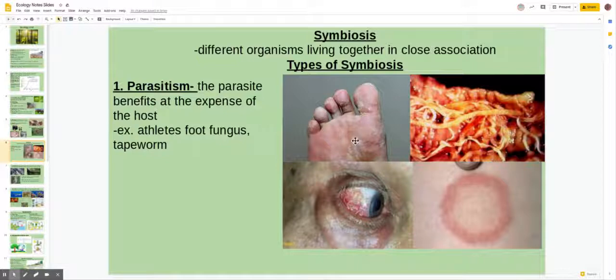Athlete's foot is an example of a parasite that is a fungus. Tapeworms and all sorts of, there are many different varieties of worms that can become parasites on the human body or the bodies of other organisms.